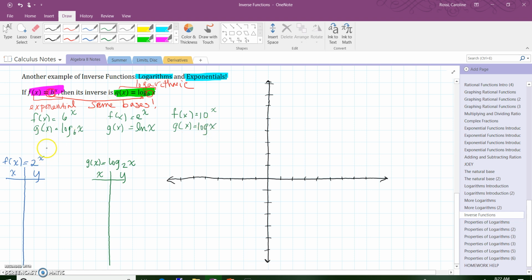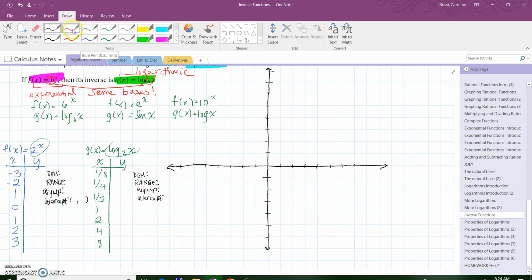So let's take the pair 2 to the x and log base 2 of x. And what we're going to do is get some points. We're going to plot them and we're going to notice things. So go ahead and fill out this table with me. All right, so what I want you to do is get this set up here. And I want you to pause the video, fill out both tables.